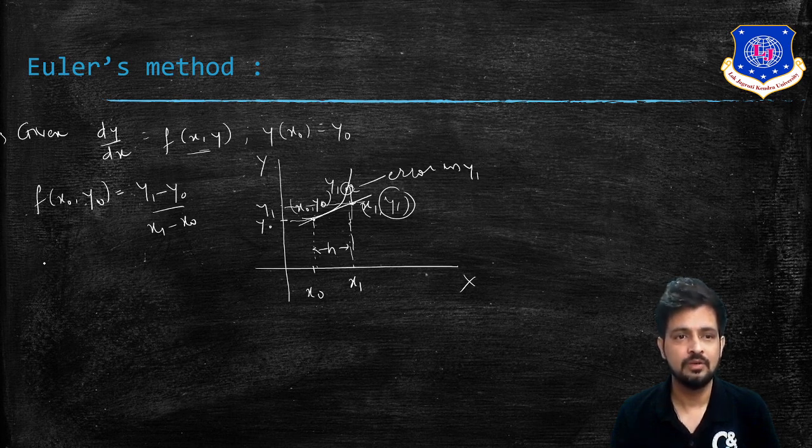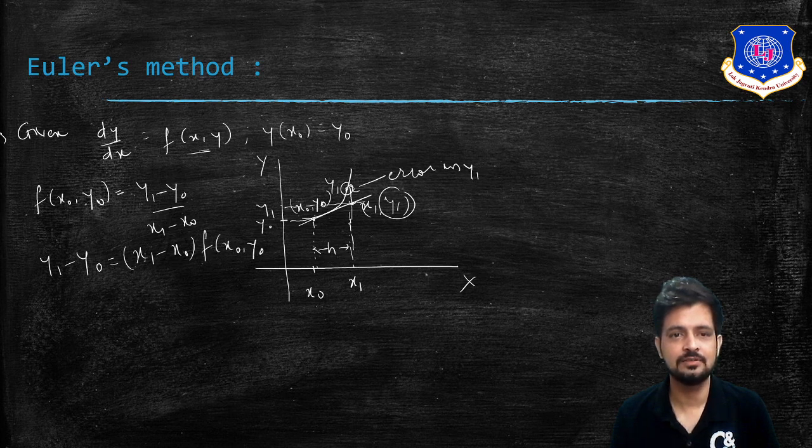Now y1 minus y0 can be written as x1 minus x0 into f of x0 y0. So y1 minus y0. What is our x1 minus x0? x1 minus x0 is h. So I can write here h, our step size, into f of x0 y0. So what will be my y1?